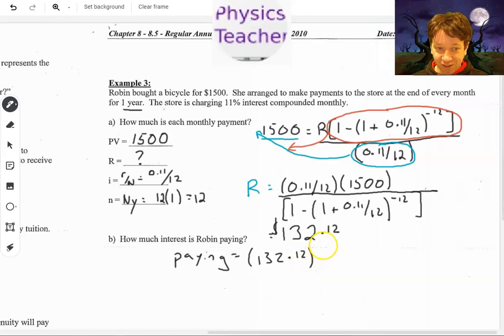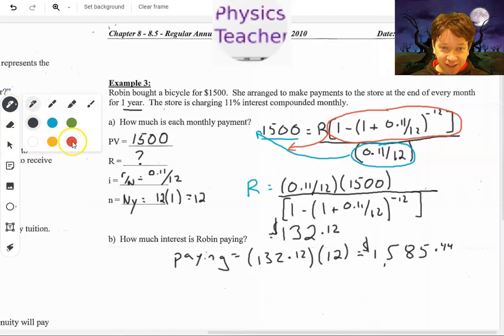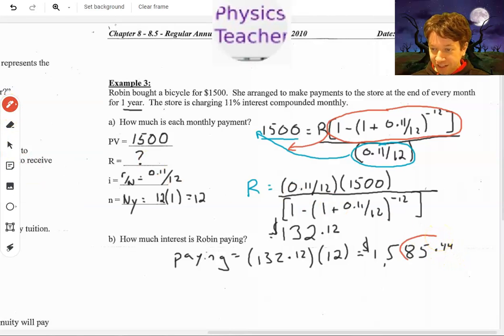So we're going to pay this a total of 12 times, which is $1,585.44. So what we did is we paid an extra $85.44. Was it worth it? Well, it depends. If you don't have $1,500 to spend, then it's not so bad.